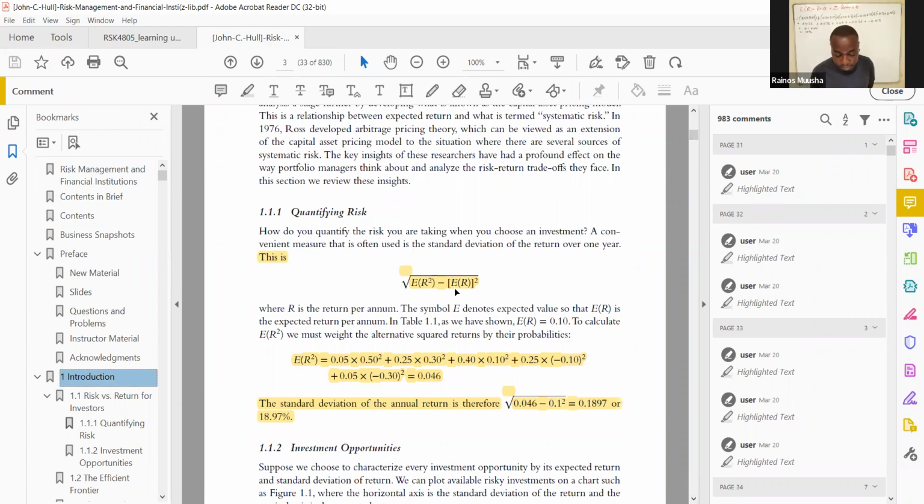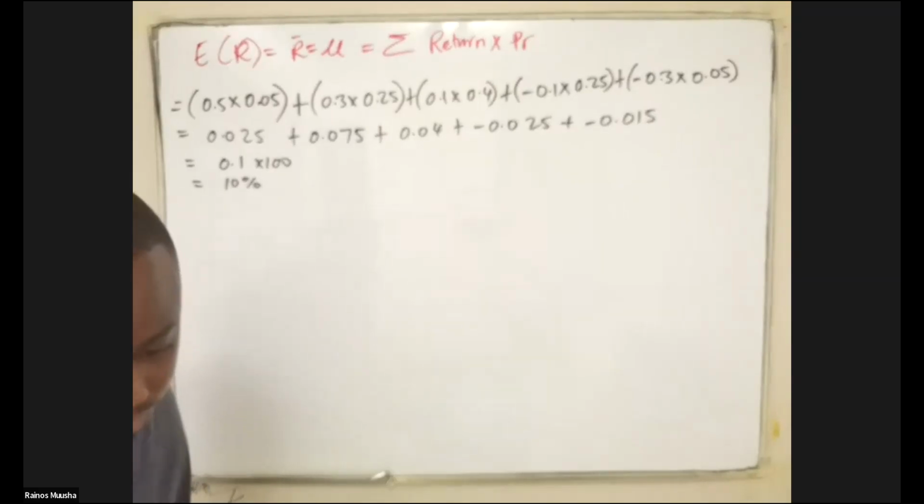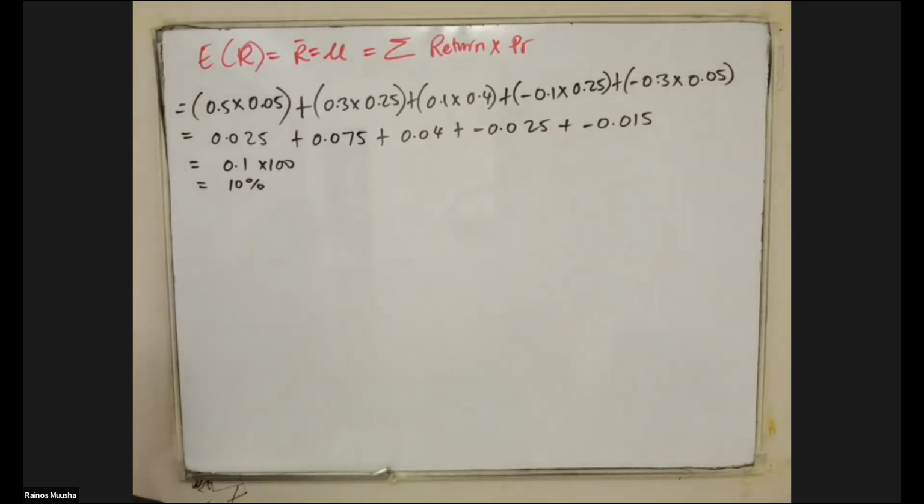The textbook tells us that the standard deviation can be given using this formula. But you can calculate your standard deviation using this formula, or you can use the other formula that we're already familiar with. I'm sure you have seen this in undergrad: to calculate your standard deviation, the first step is to calculate your expected return.